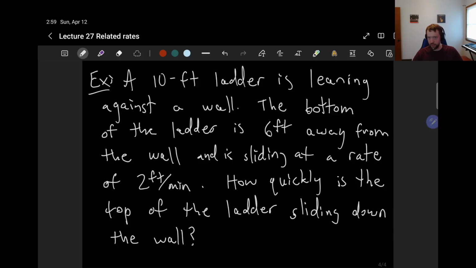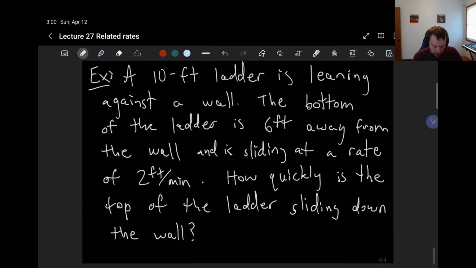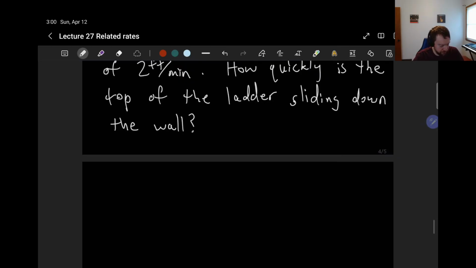Now, there's definitely a relationship between this rate that the base is sliding away and the rate at which the top is going down the wall. These are related rates. So how about we get a little picture together first, and then we can get our equation going that relates the variables to each other.